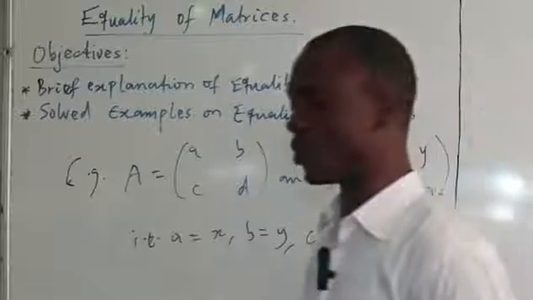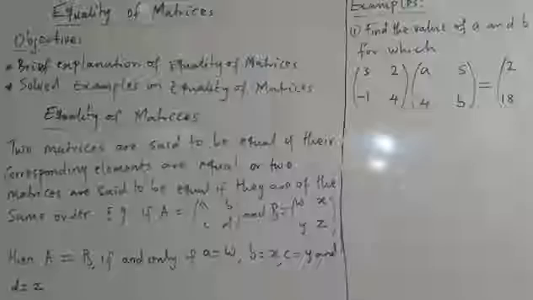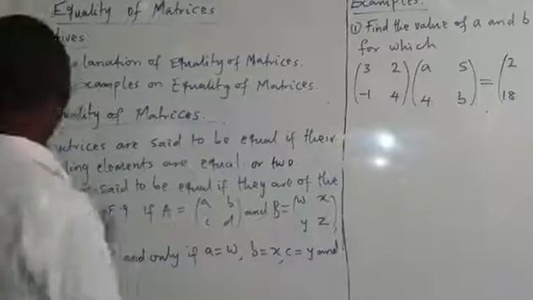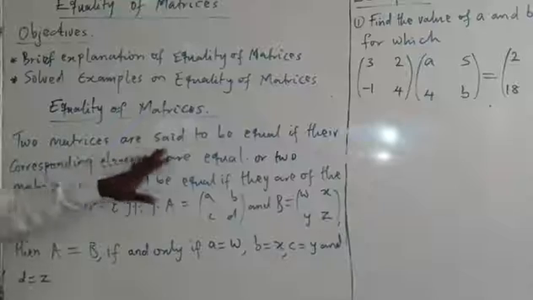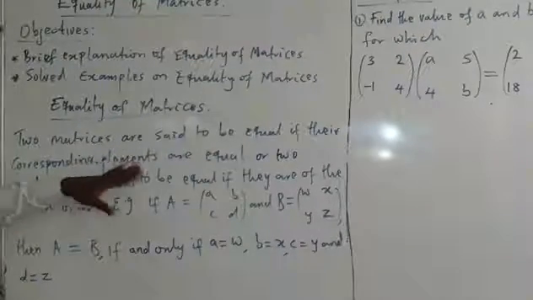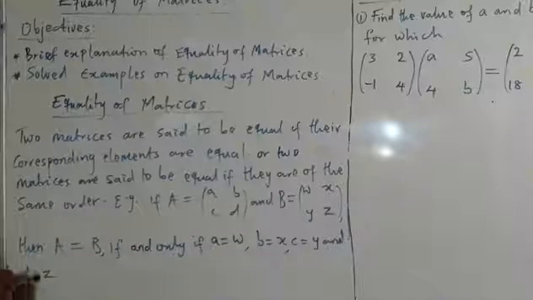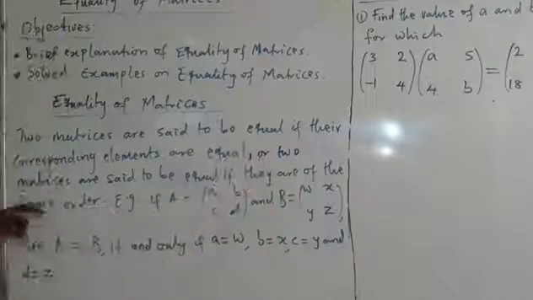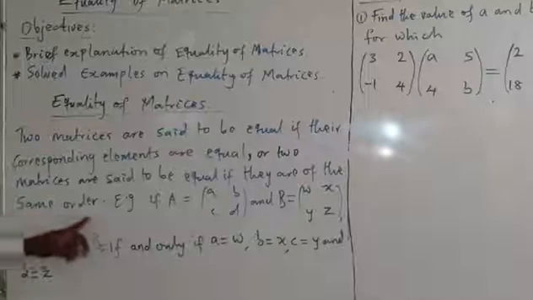So let's move to the first example on equality of matrices. Just like what I explained before, two matrices are said to be equal if their corresponding elements are equal, or if they are of the same order.